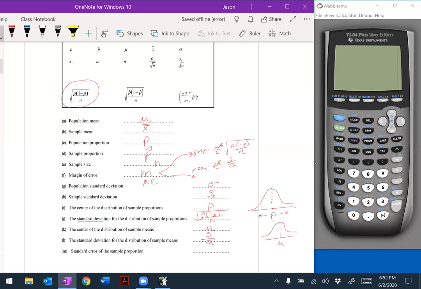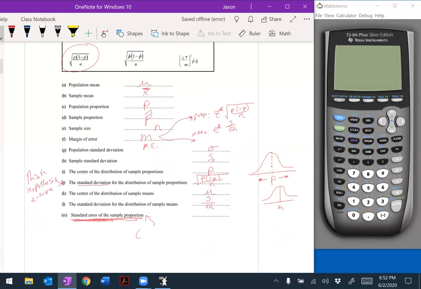And then what's the standard error of the sample proportion? Well, if you see standard error and sample proportion, and it's not standard deviation, you want to think confidence interval.